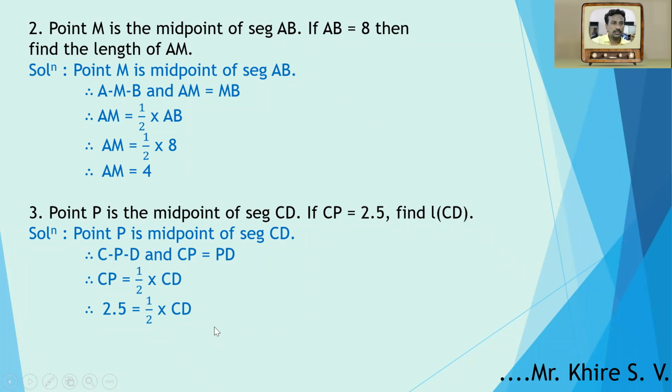We have to find CD. This 2 goes to the LHS side. It will become 2.5 into 2. Therefore CD is equal to 5. Got it? Okay.